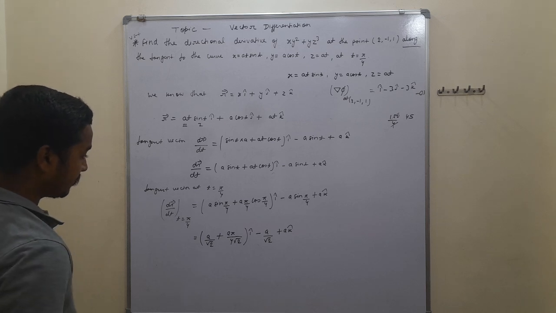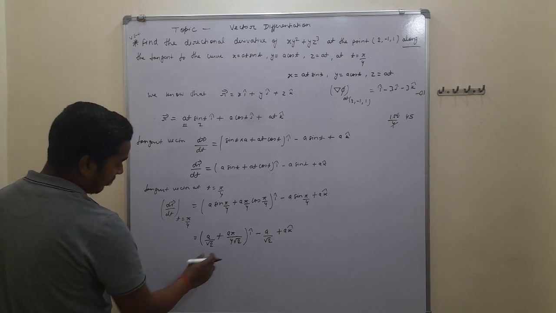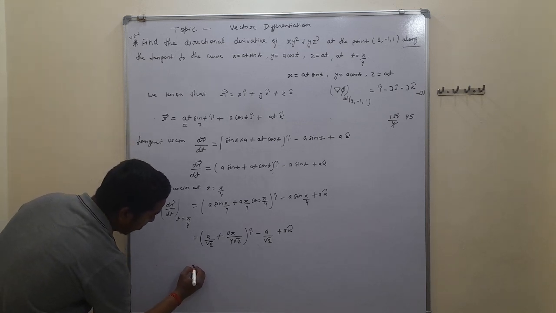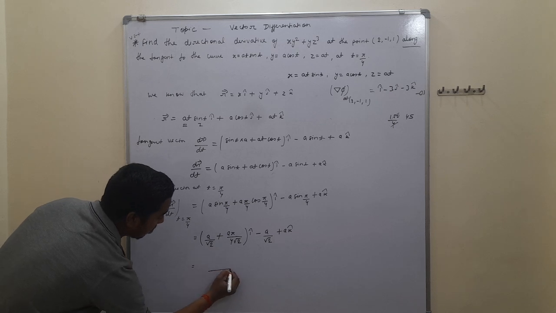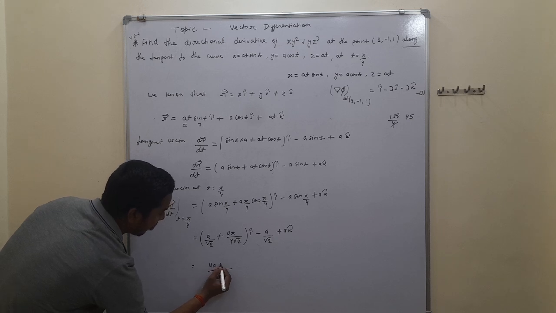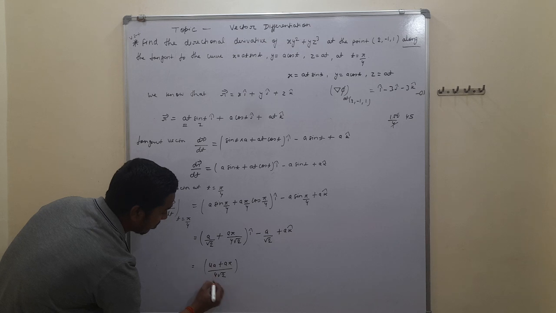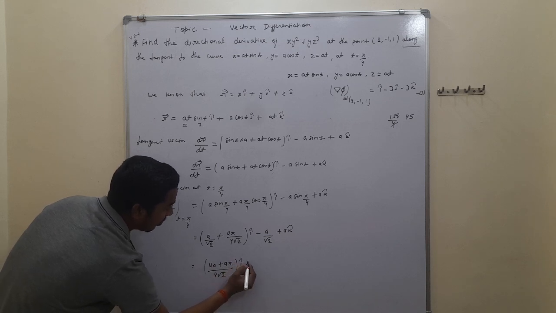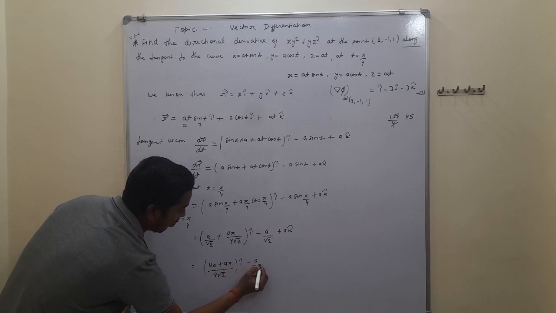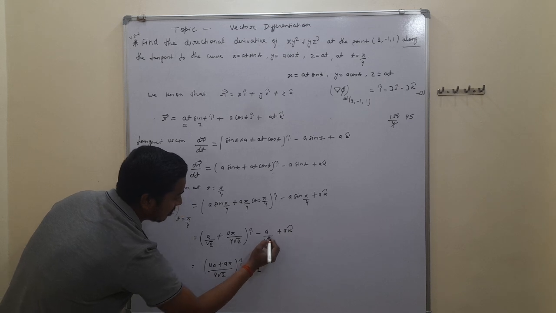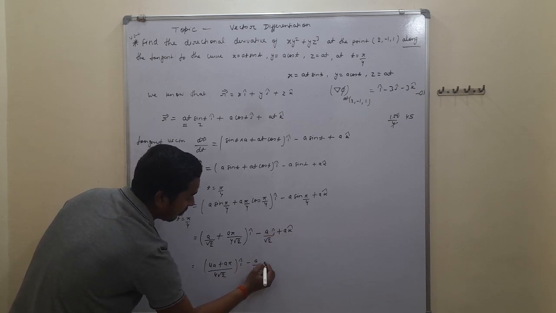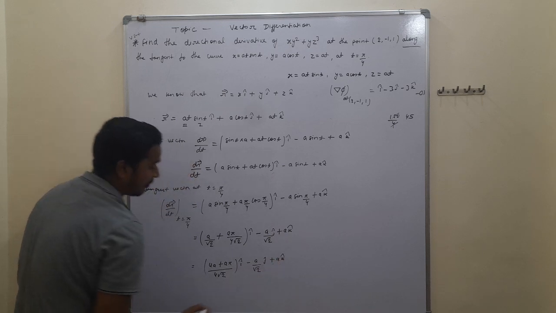And further we can solve here, taking LCM. This is 4 root 2, and here 4a plus a pi, and this is i cap, and minus a upon root 2 j cap, and plus a k cap.